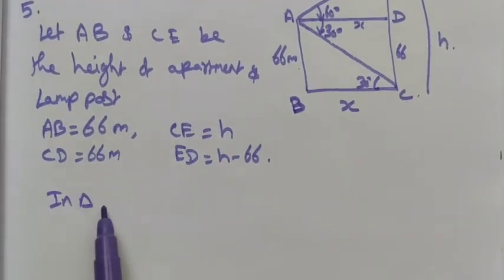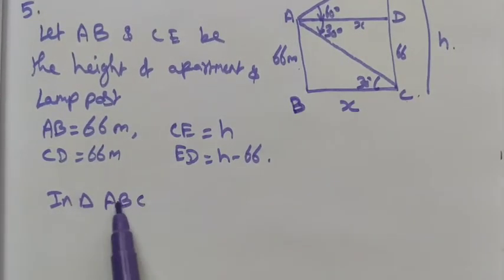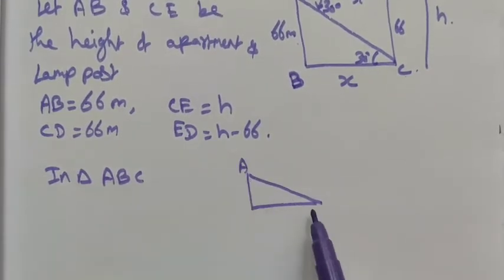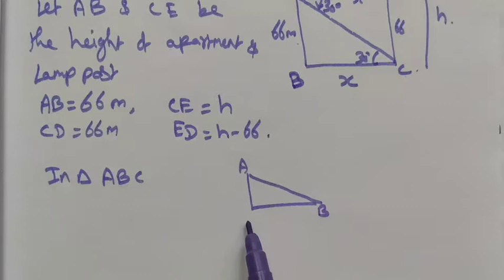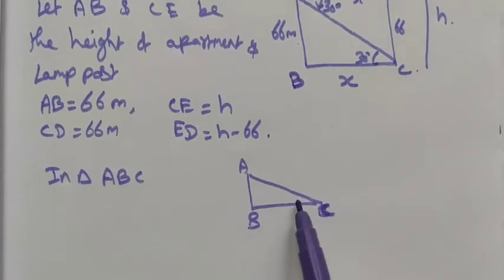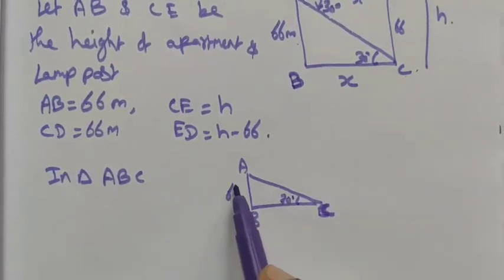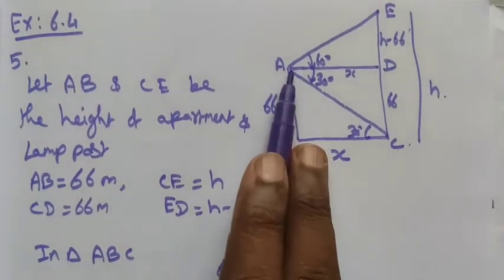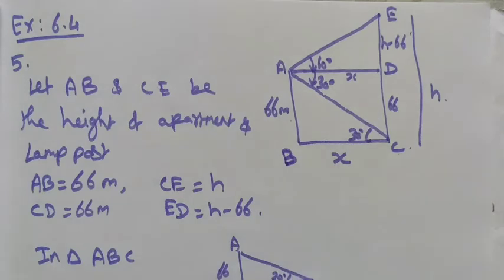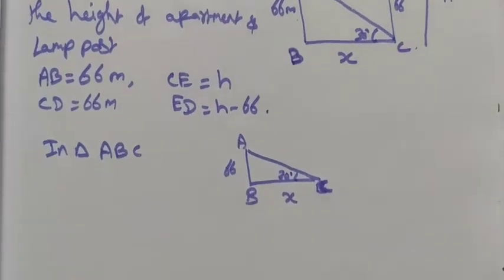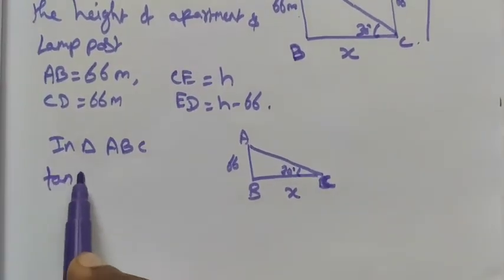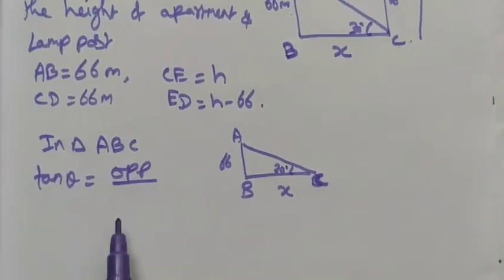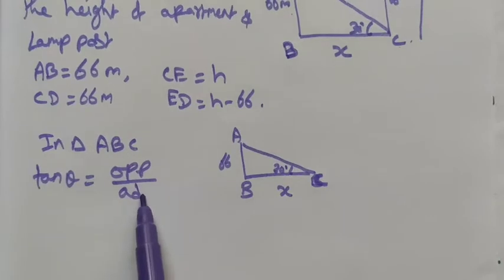Now we take the triangle ABC. This angle is 30 degrees, this side is 66, and this is x. Either we can choose ABC or ADC, no problem. Then tan theta is equal to opposite divided by adjacent side.